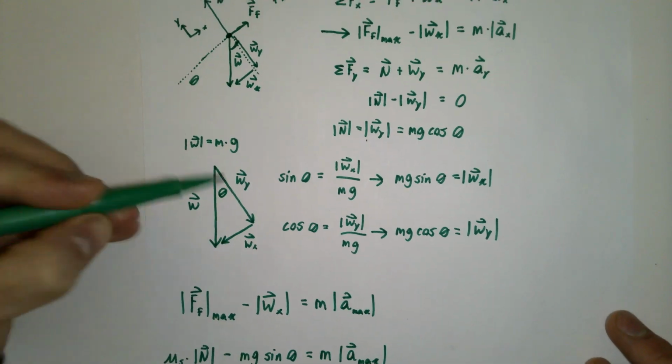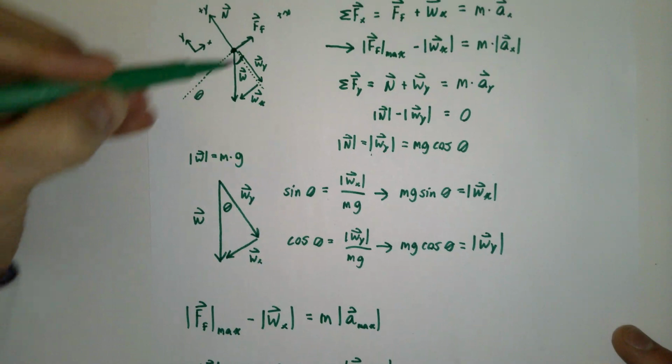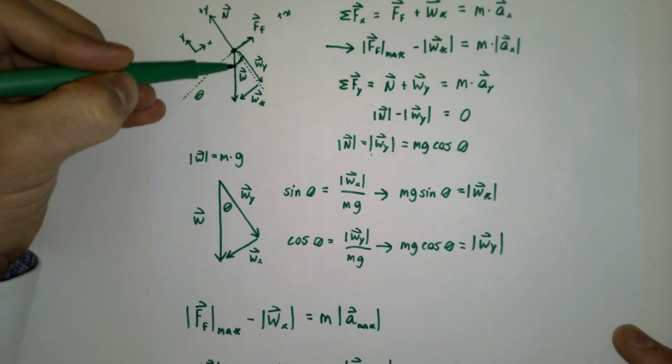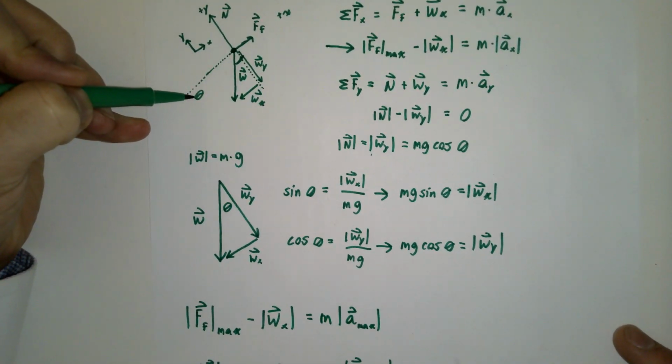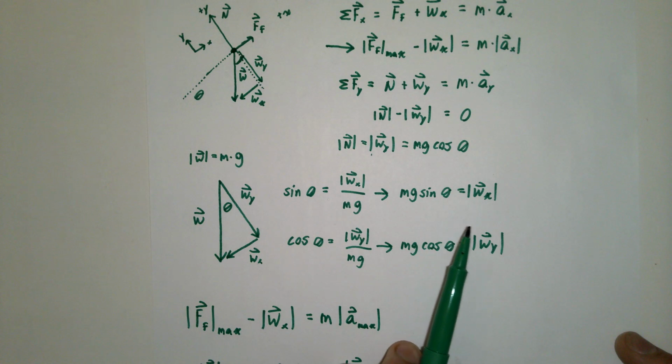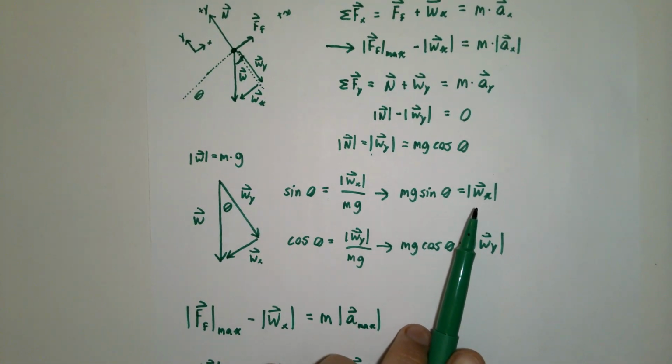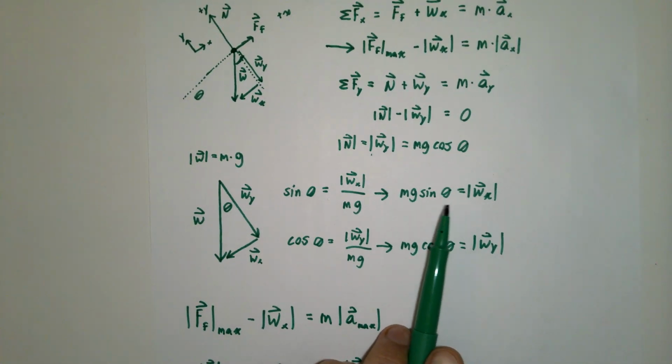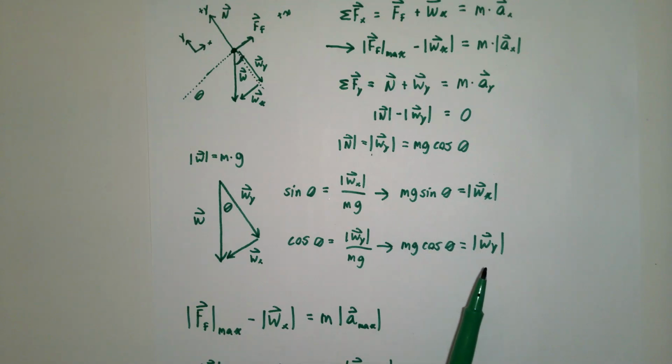We know geometrically that this theta here is the same as our angle here, which in our problem was 10 degrees. We do a little bit of trigonometry and we find that the x component of the weight is mg sine theta, and the y component of the weight is mg cosine theta.